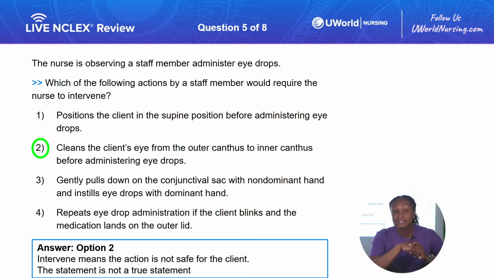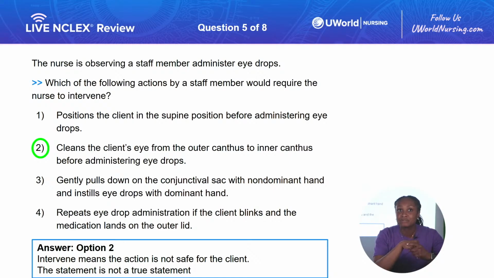Options 1, 3, and 4 are all correct ways to instill eye drops. It's kind of helpful to actually act out the type of scenario that it's asking us. So positioning the client supine before administering the eye drops, this is correct because it allows gravity to help you instill the eye drops.